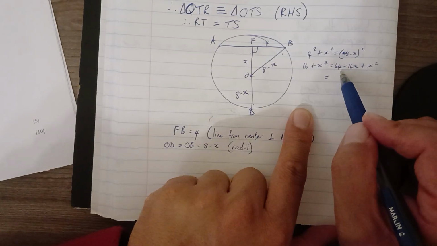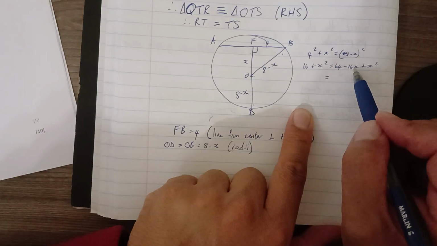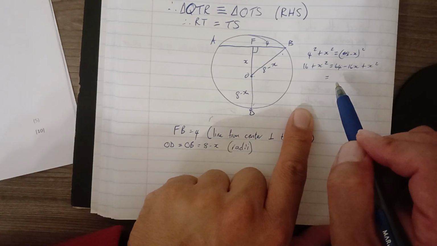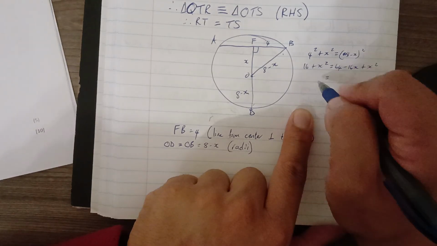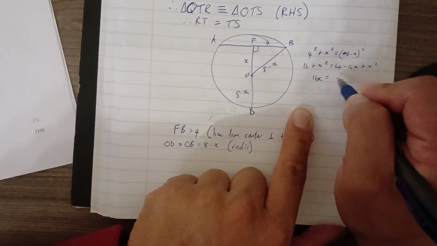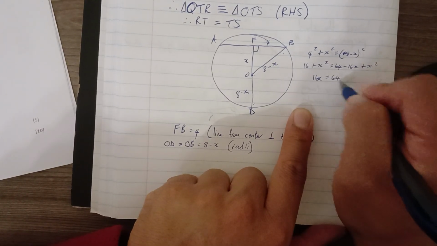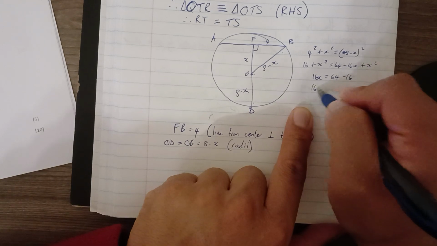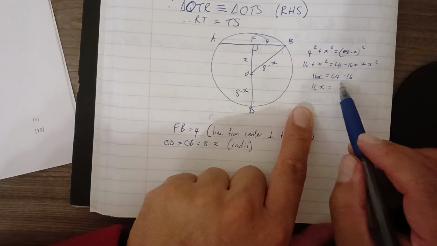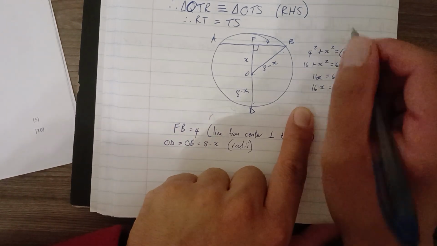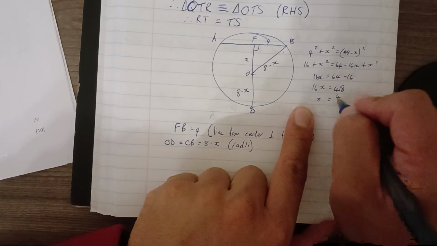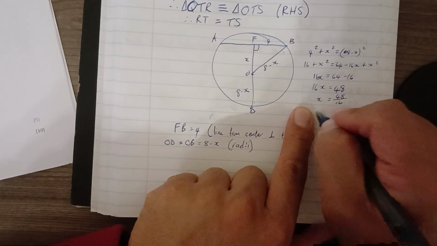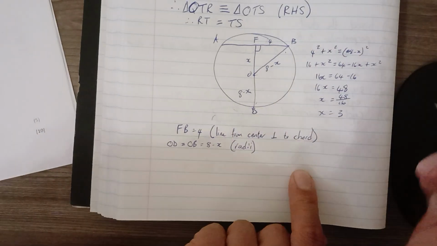So I'm left with just the constants and the term of the x. So what I'm going to do, I'm going to bring over the negative 16x, that will become positive. And then I've got 64 minus 16. So that is how much? 58, 48. And then 48 over 16, that's equal to 3.